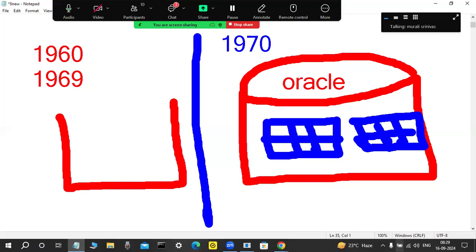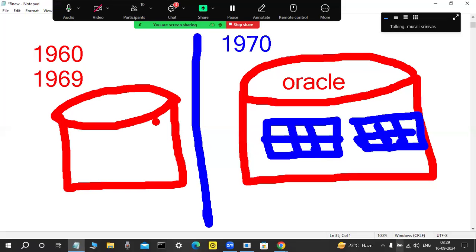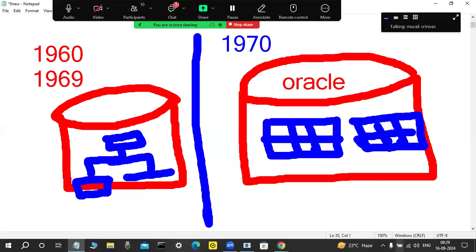Oracle was not there in olden days; IMS and IDMS software were there. In that, data is represented in a tree structure. Does anybody have an idea of a tree structure? Root node, then branches, then leaf nodes. These types of structure representation are there.